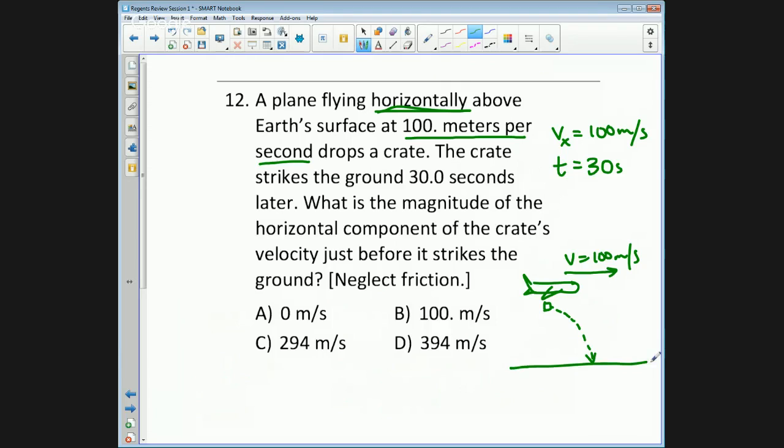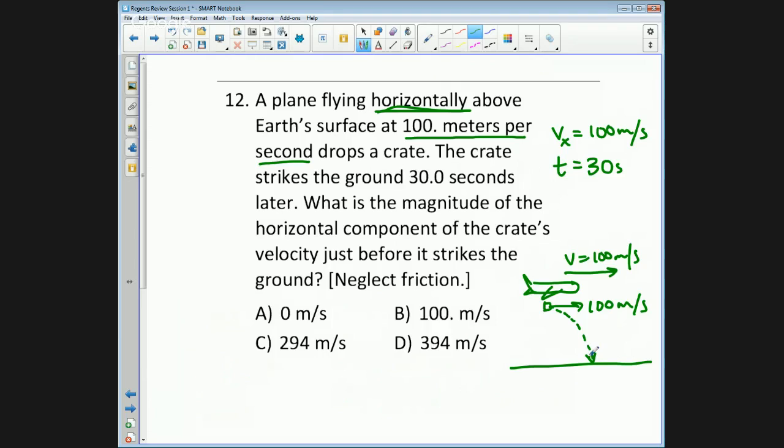It's going to be a parabolic motion, but it's also going to fall at the speed that the plane was flying at. The speed of the plane was 100 meters per second. The crate is going to fall out of the plane horizontally at 100 meters per second. So this is also 100 meters per second. And when we learned about projectile motion, the horizontal velocity always stays the same. So the final equals the initial, just like Ashley says.